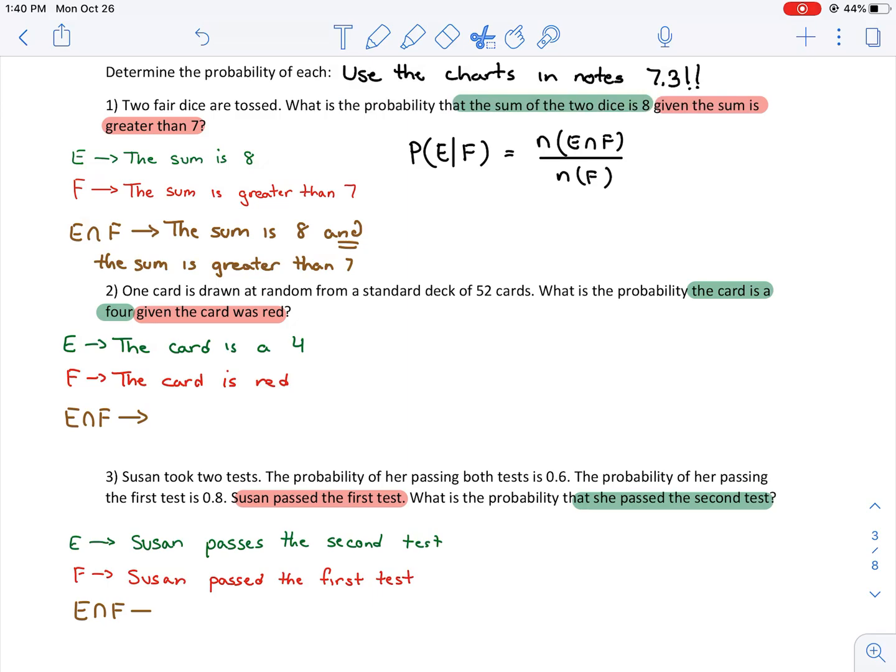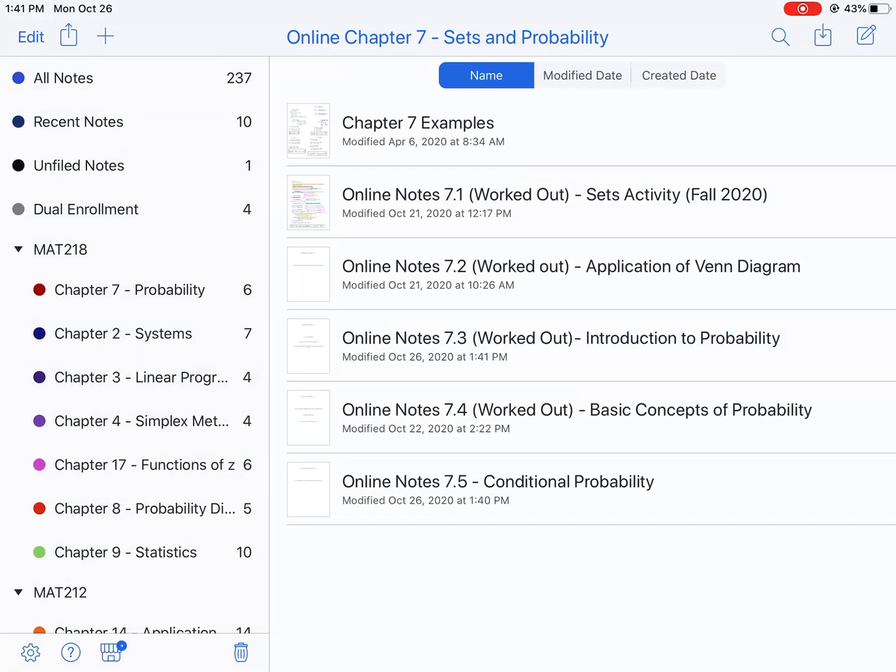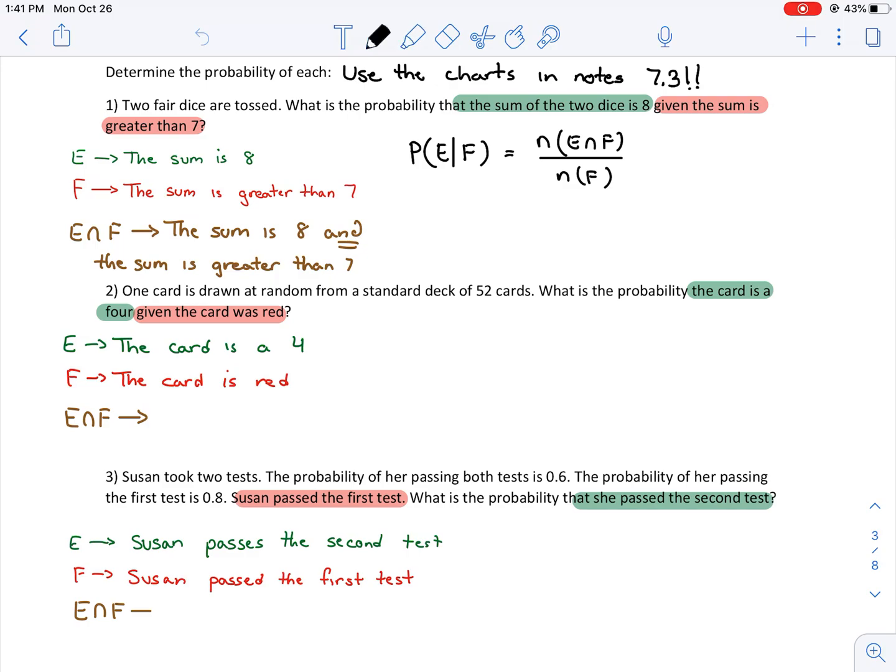So I will start by determining the number of elements in event F. Here's the chart, and I'm going to highlight all of the pairs where the sum is greater than 7. And it looks like there are 15. So the number of elements in event F is 15.